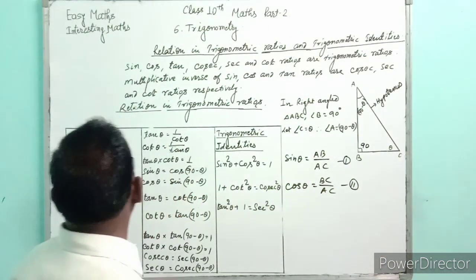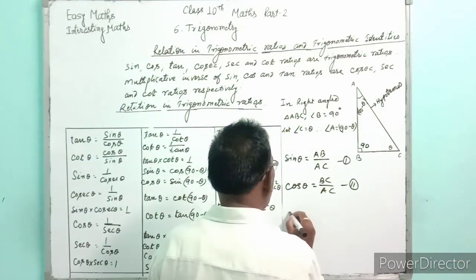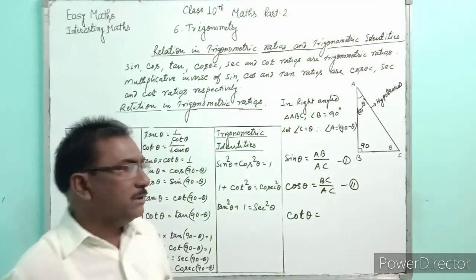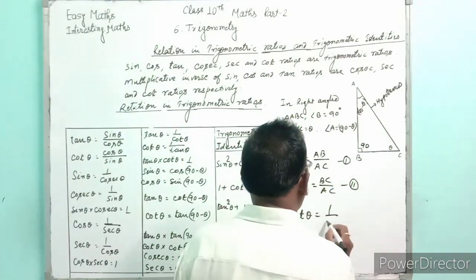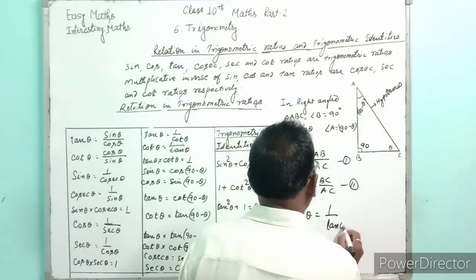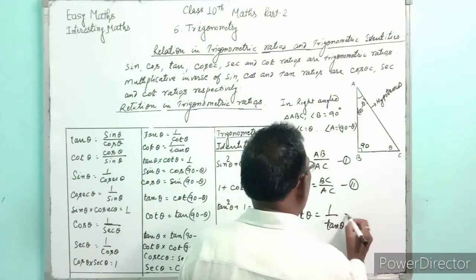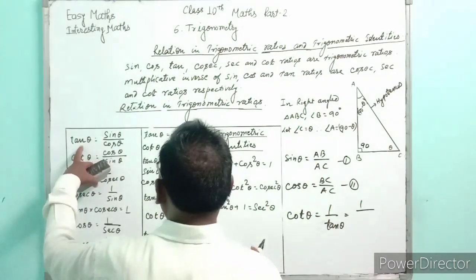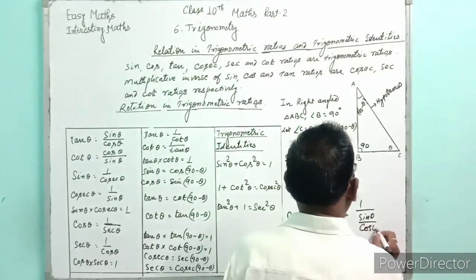Now we come to the second relation, cot theta. Cot theta is the multiplicative inverse of tan theta. So, we write here 1 by tan theta is equal to, from the first relation, sin theta divided by cos theta.